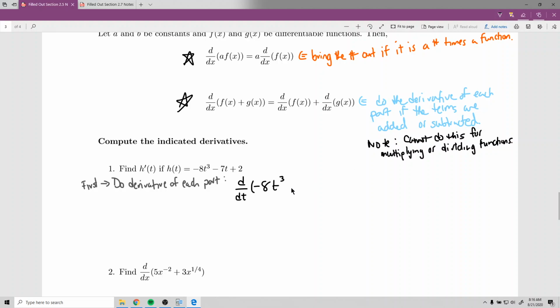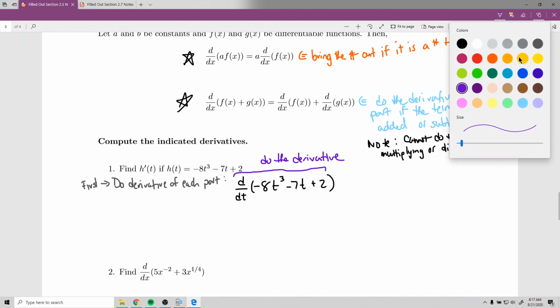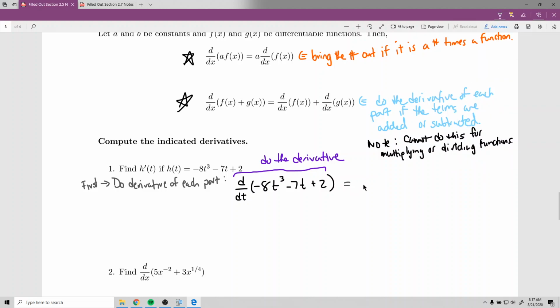Oops, I need to close that off. But what this says is do the derivative of our function. This is how you can really properly organize your work. Right, it's just really rewriting what we're told to do. And then we want to do the derivative of each part, meaning I can split it up like this.